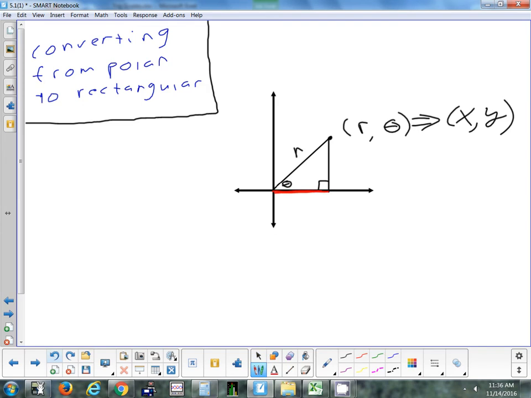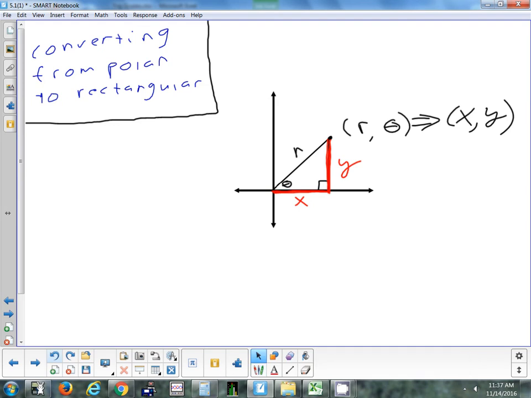How far do I move horizontally? That's your x. And then how far do you move vertically? That's your y. So you're going to go to the right this amount, and then up that amount. That's x, and that's y. And remember, they're going to give you r, and they're going to give you theta. So you will have numbers for r and theta.